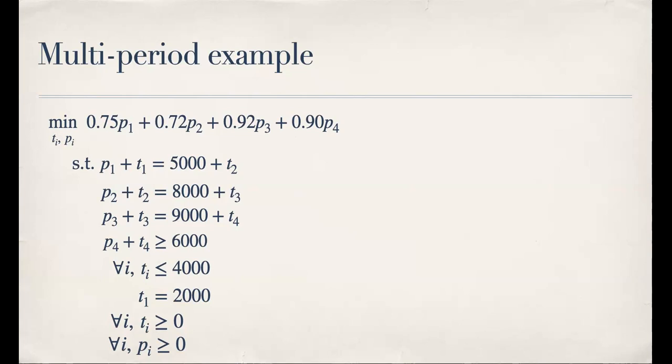But if you are asked to leave a certain amount of oil at the end of the period, you have to change this to equal and add the amount required to store in the tank at the end of the period. And Ti is less than 4,000. T1 must be 2,000. And all Ti, Pi must be positive.